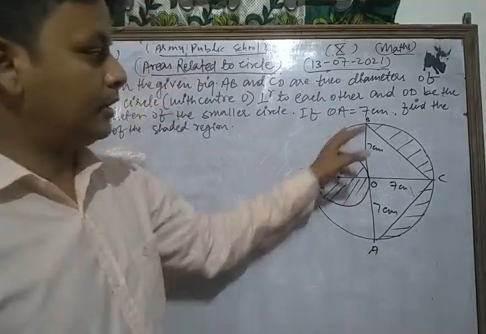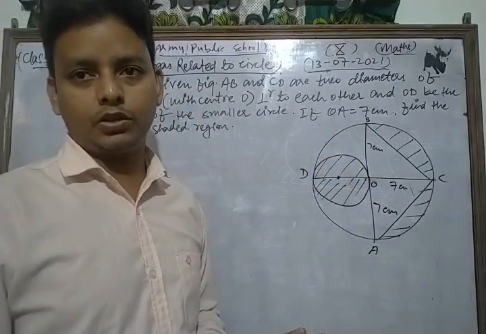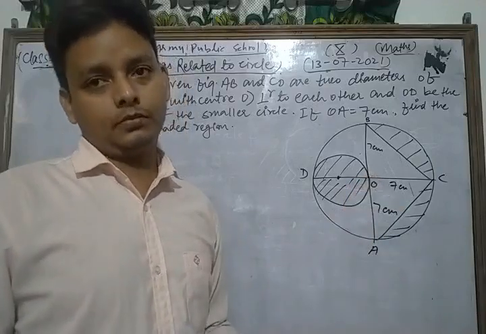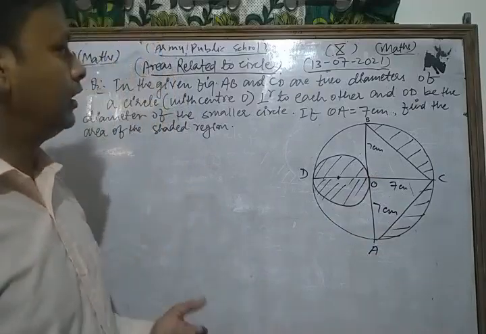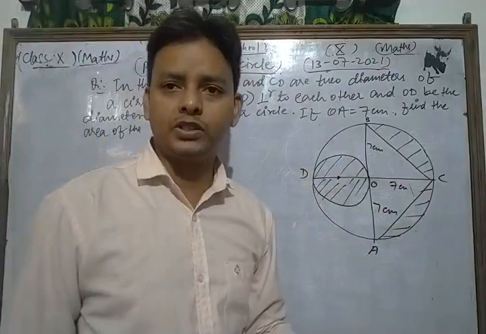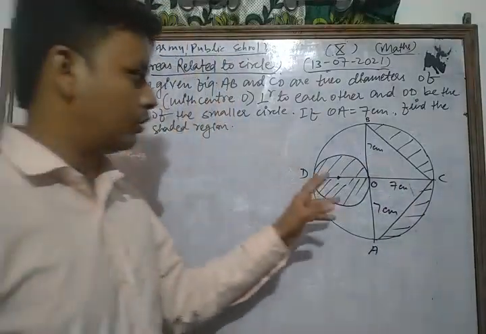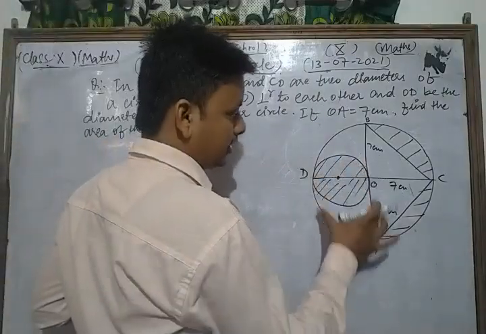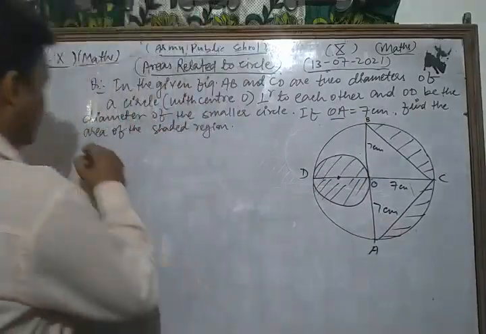So AB and CD both pass through the center O, so they are diameters of the circle with center O, and both diameters are perpendicular to each other. And OD is the diameter of the smaller circle. OD is also equal to 7 centimeter, as given.